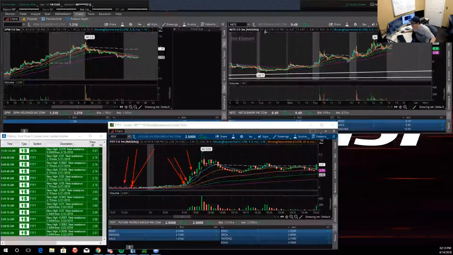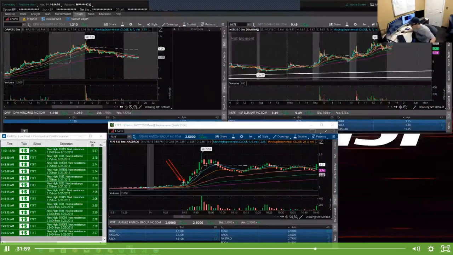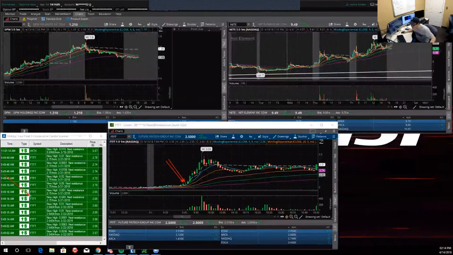By changing the scan criteria to manipulate it for a better entry, we may in fact start picking up a lot of different stocks that the scanner normally would not pick up, right?